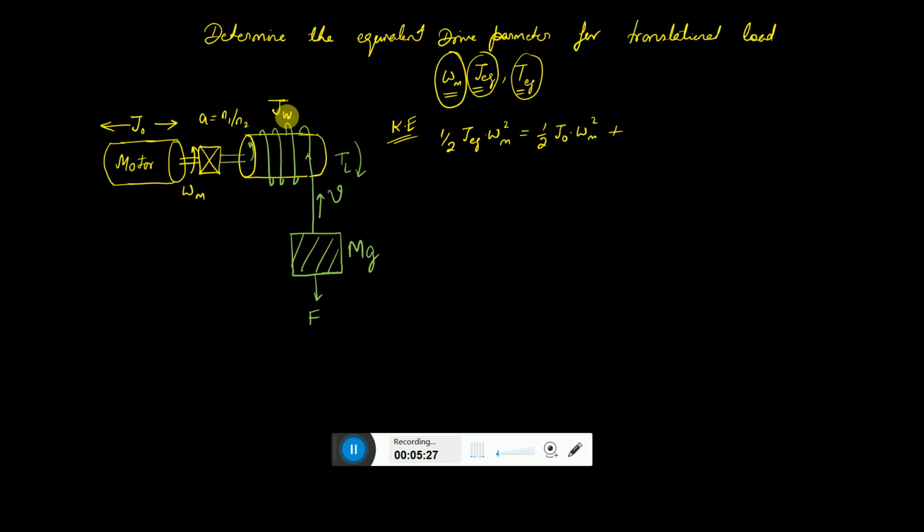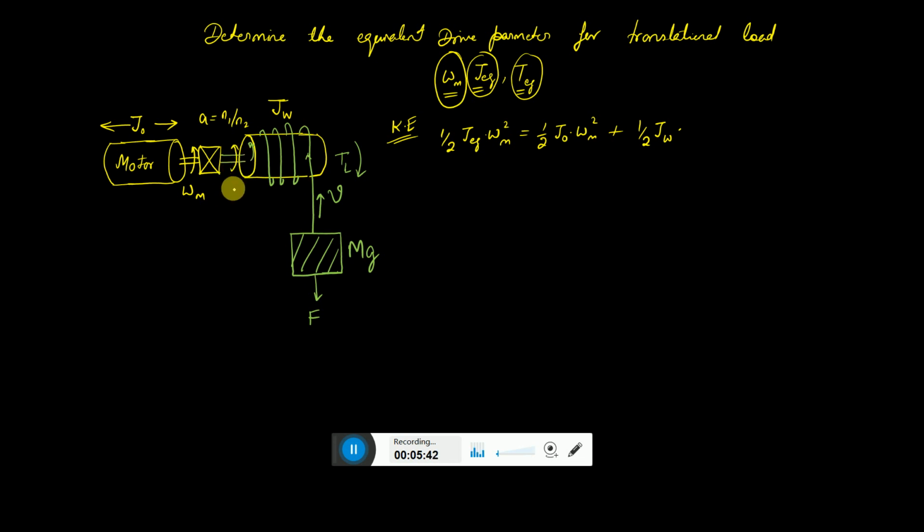After the gear, the speed of the drum is definitely different from omega m.